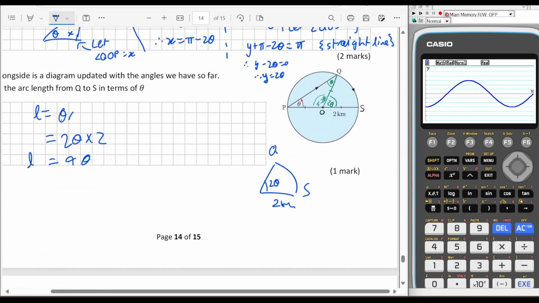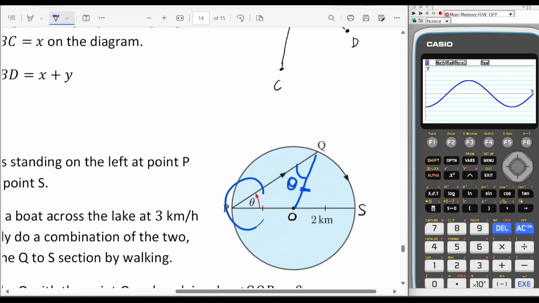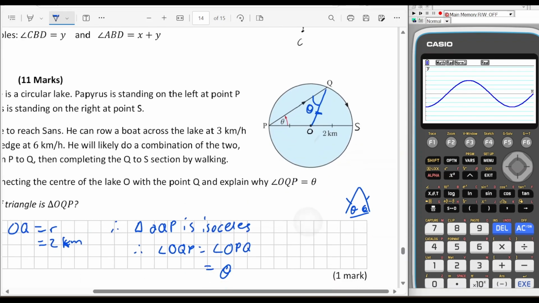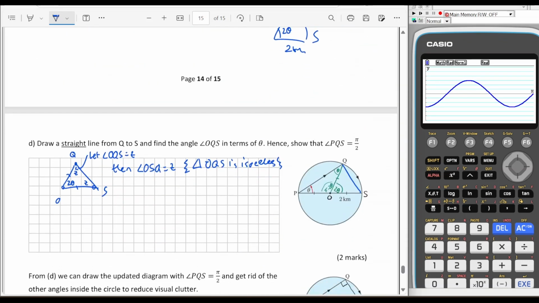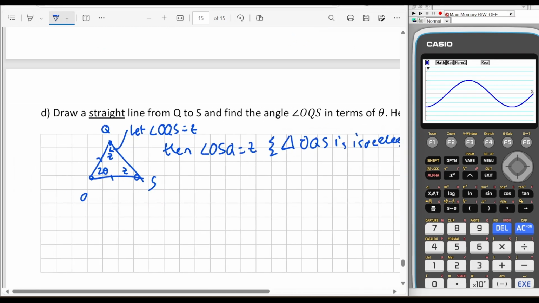It's like what we did before with the very first bit, how you could spot that this angle and that angle were equal in the triangle. Because that was isosceles, this triangle is also isosceles. So we've got 2 theta plus z equals pi, and this is the sum of angles in triangle OQS.